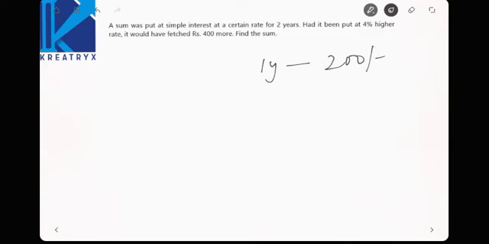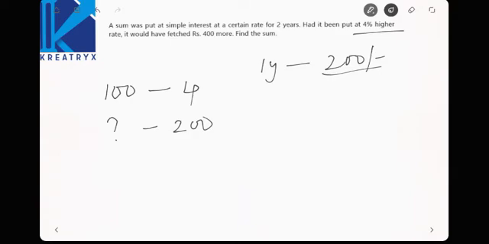Right. Assume that you have invested 100 rupees in a bank. If the bank gives you a 4% higher rate, it means extra 4 rupees for 100 rupees. If you invest 100 rupees, you will get 4 extra rupees. That is given in the question. Then for getting 200 rupees extra, what is the amount invested?